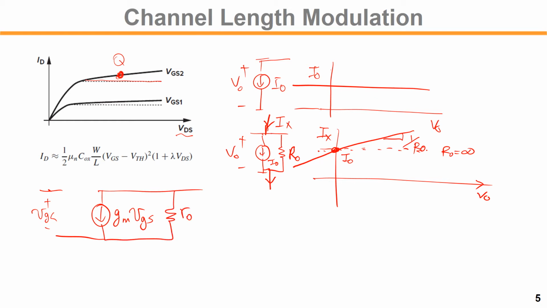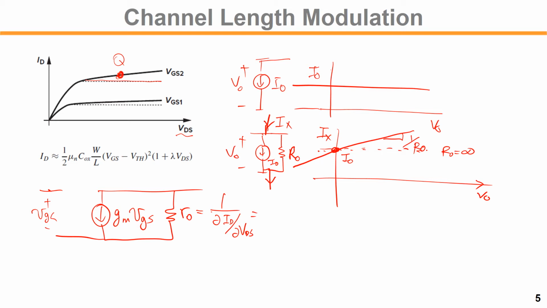This RO can be found as the inverse of the partial derivative of ID over the partial derivative of VDS, right?